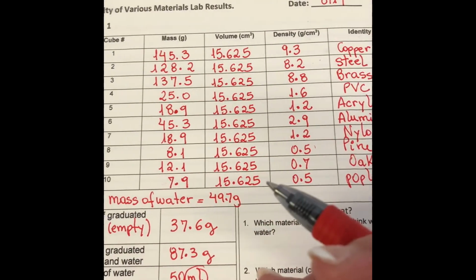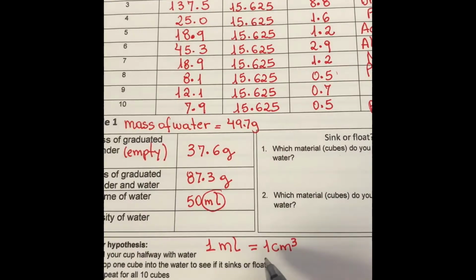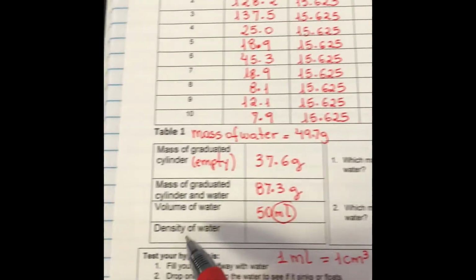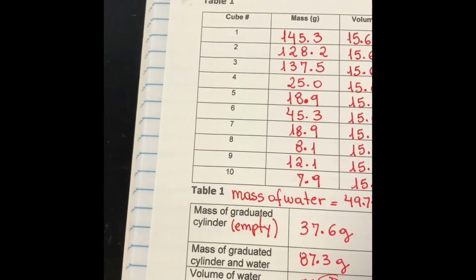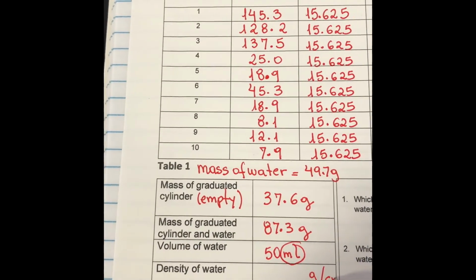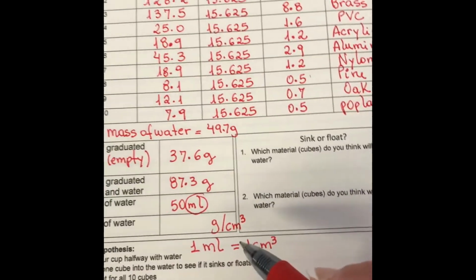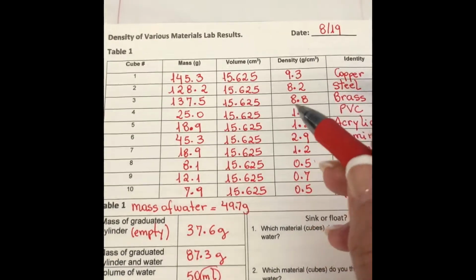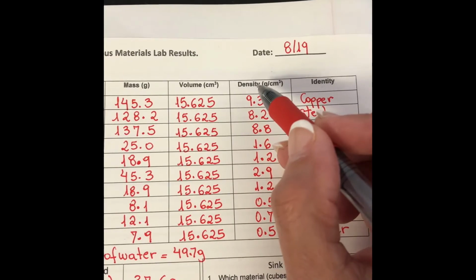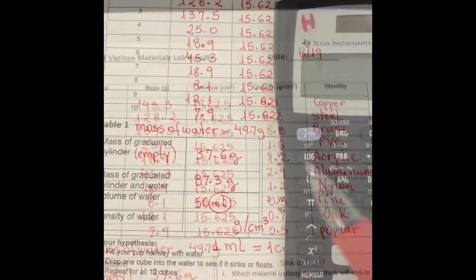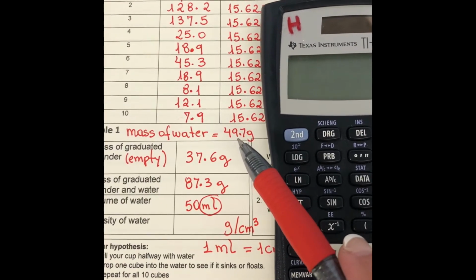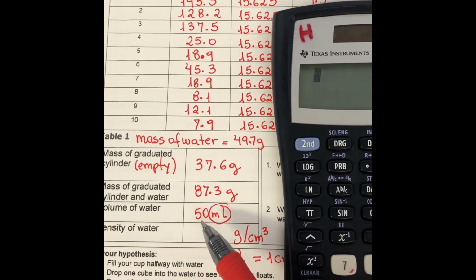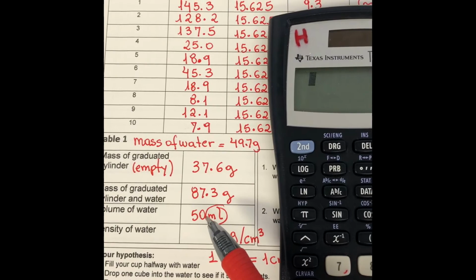So to have consistency with units, for the result of the density of water, I'm going to write in grams per cubic centimeter. So I have this unit that is consistent with this unit right here. Now I'm going to divide the mass of the water, 49.7, by the volume of this water, which is 50.